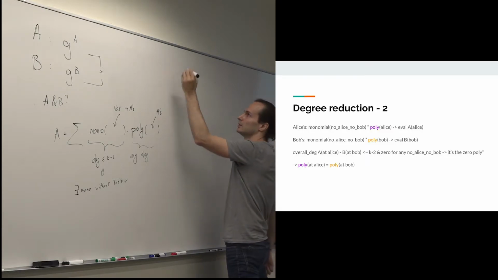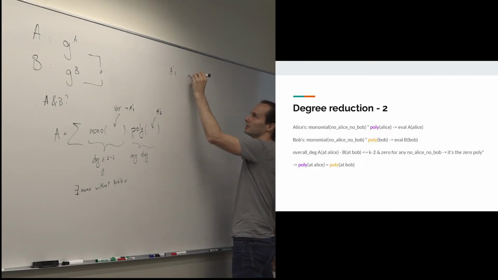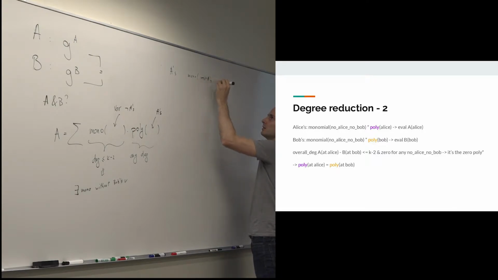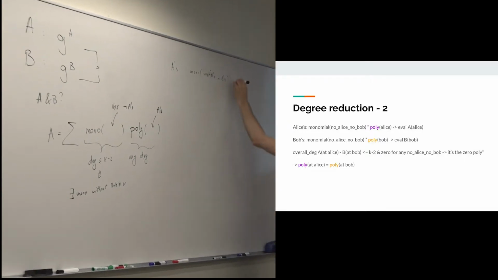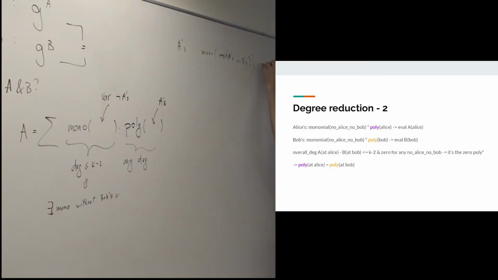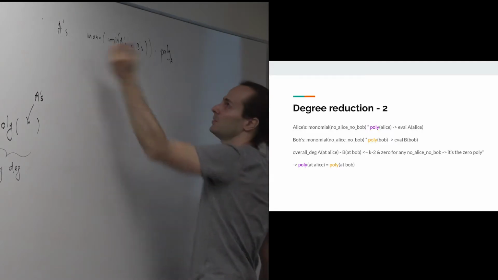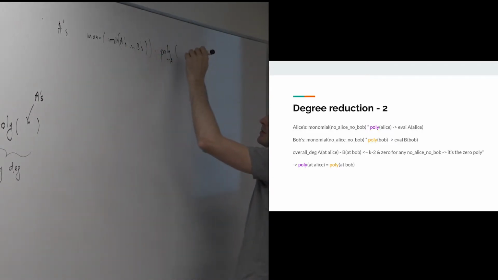So this is Alice's view. I can write it as a monomial that is not Alice's, not Bob's variables, and then times a polynomial, and this is Alice's polynomial because it's Alice's view on Alice's variables.